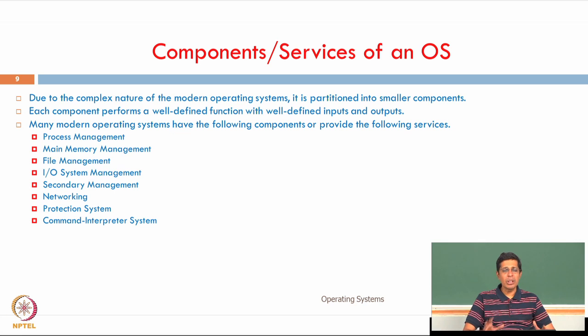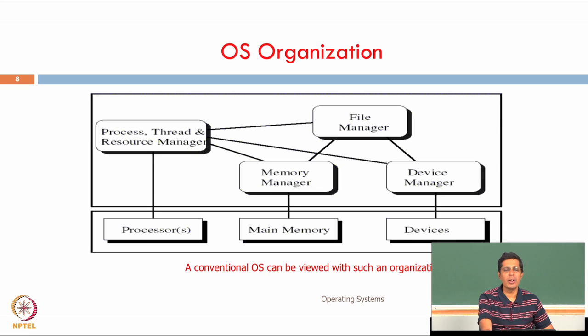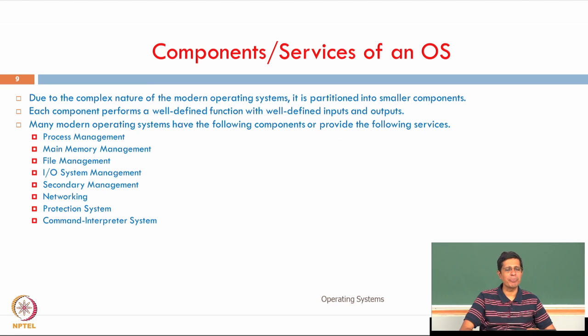So, now that we have an understanding of the operating system to some reasonable extent, these are some of the services that are expected of an operating system. The operating system is a very big piece of software. To understand it, we will take a modular approach, wherein we break this software into small components that talk to each other. We have already seen the partition into different modules in the previous slide, which I am just projecting here. So, we have at least 4 managers managing 4 important aspects of the operating system.